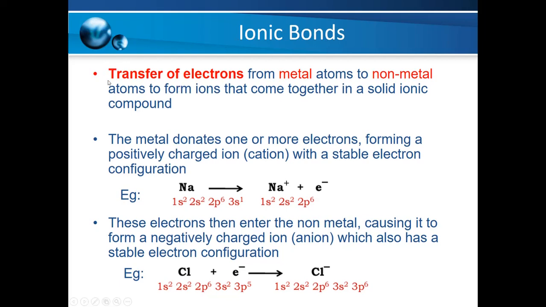For the ionic bond, there is transfer of electrons from metal atoms to non-metal atoms to form ions that come together in a solid ionic compound. In this case, we have a sodium atom. It will donate its valence electron, because it has one valence electron at n equal to 3.